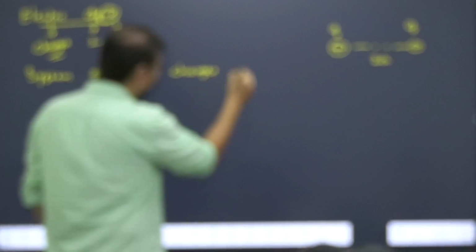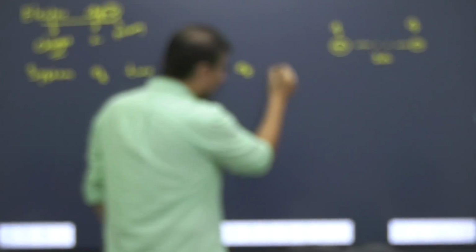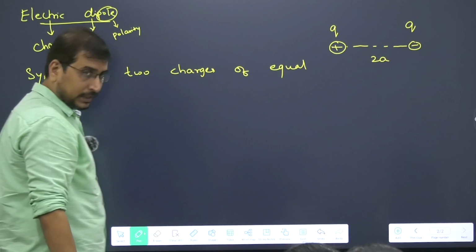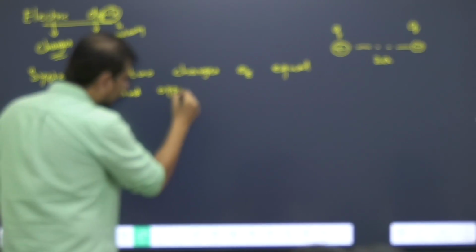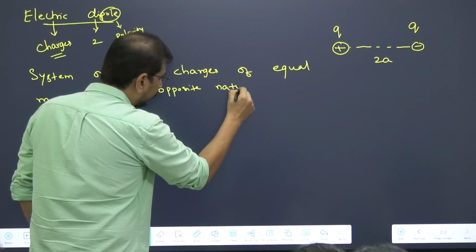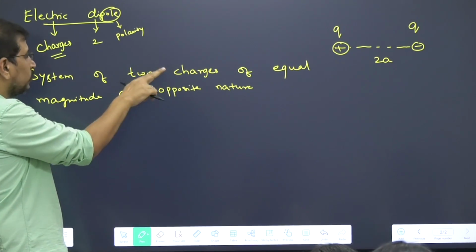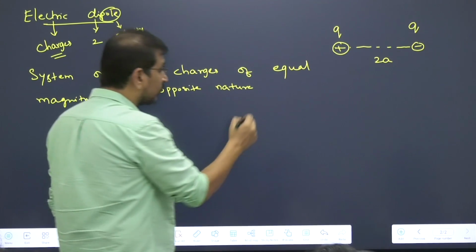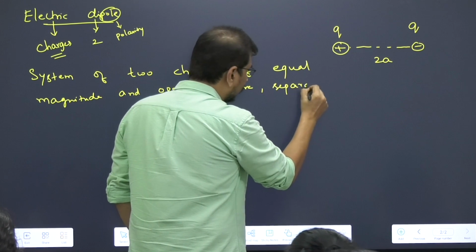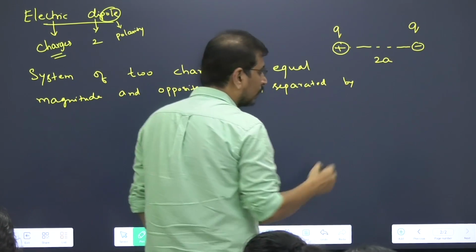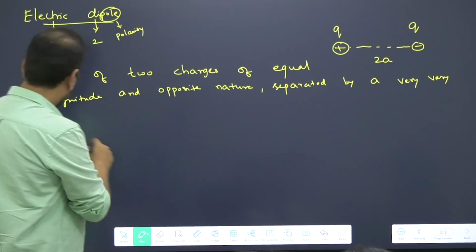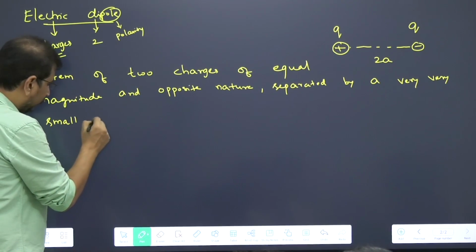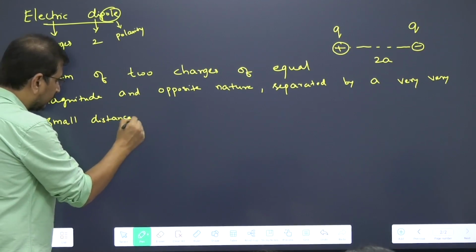A system of two charges of equal magnitude and opposite nature, separated by a very small distance, right?